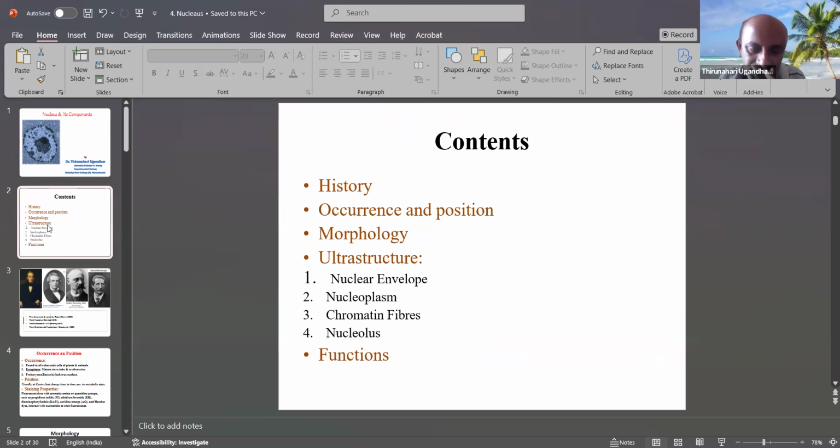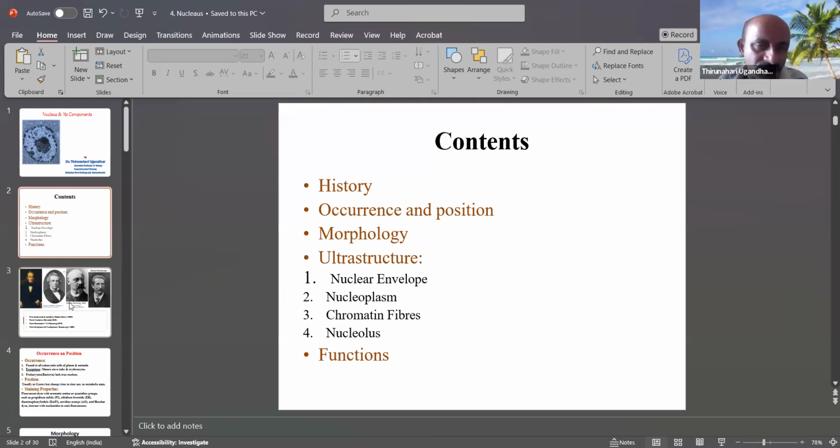Ultrastructure means studying under the electron microscope how many parts the nucleus has, what the important components are, and what the components are made of. The last one is functions. After functions, there are multiple choice questions and fill in the blanks for preparation of PG and JL coachings.